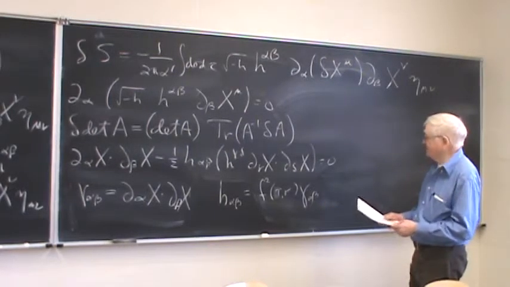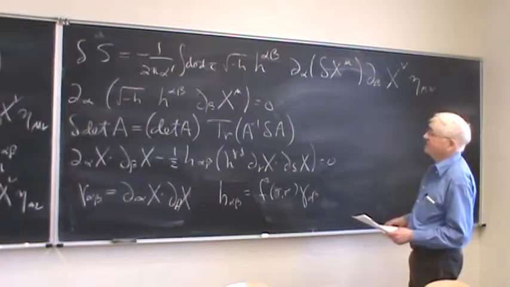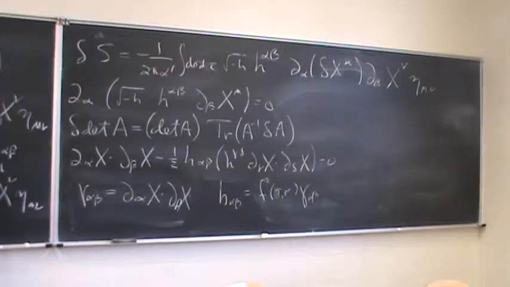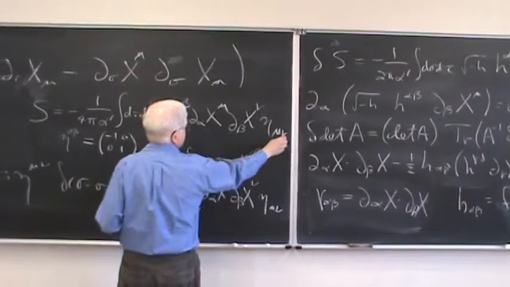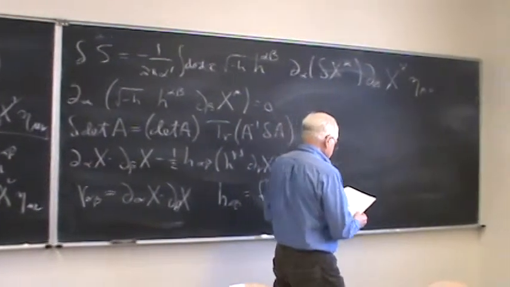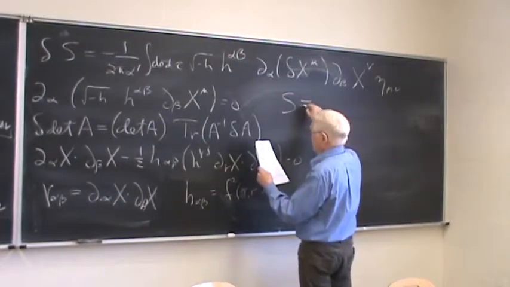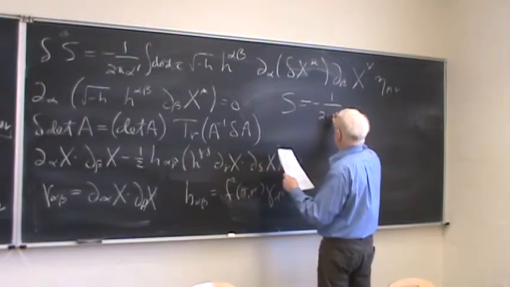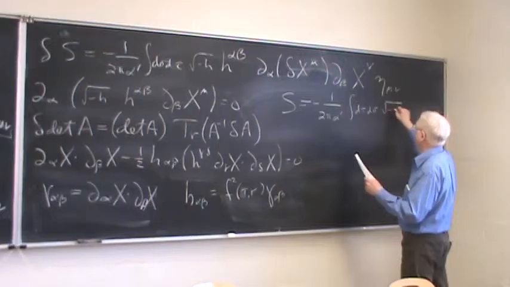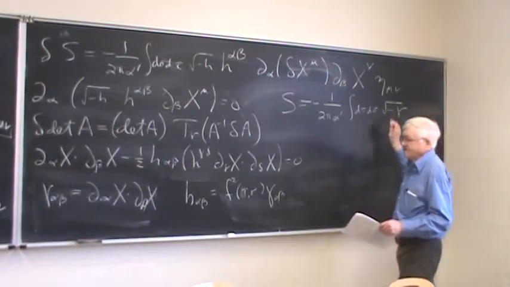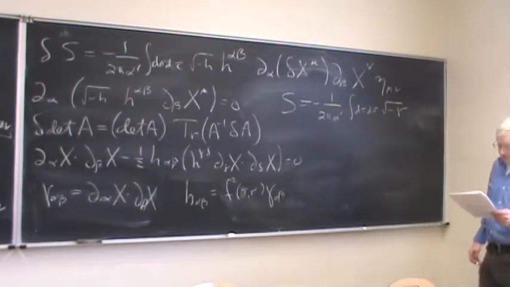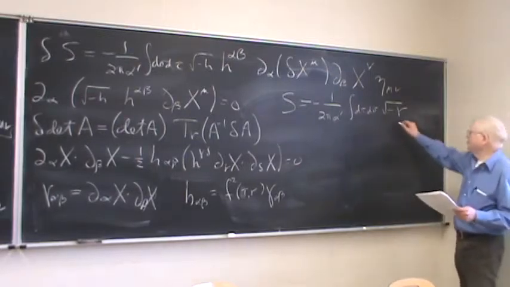And what this tells us then is that the original action is minus 1 over 2 pi alpha prime integral d tau d sigma square root of minus gamma. And this square root of minus gamma, with gamma written this way, is one of the forms of the action. This is actually the Nambu-Goto action.